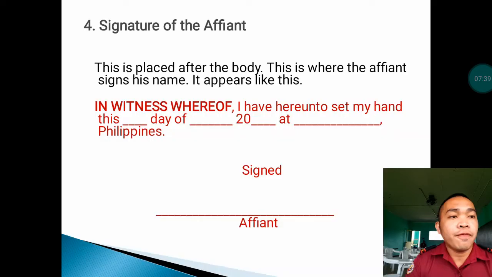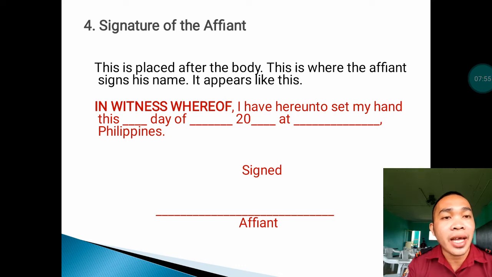The fourth part of an affidavit is the signature of the affiant. You will see it after the body of our affidavit form. This is where the affiant signs his name.